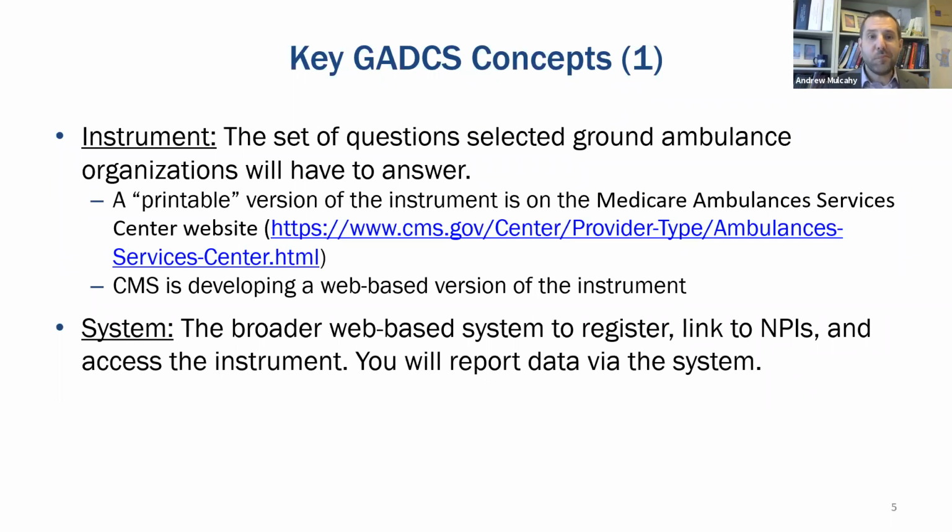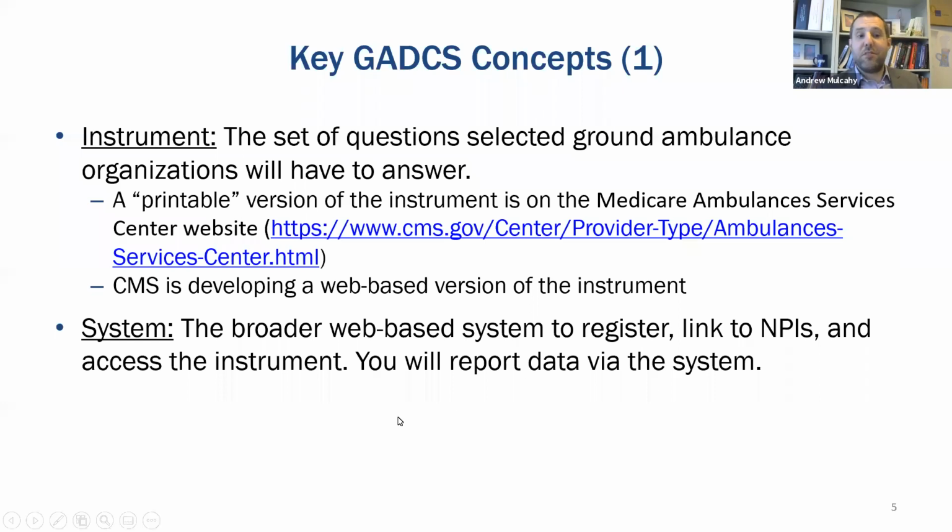So there is this printable version that has 40 some odd pages and looks pretty daunting. The good news is no one will ever have to fill out that PDF version. The PDF version is a great reference and it does list all the questions there. Ultimately, though, CMS is right now developing a web-based version of that instrument.